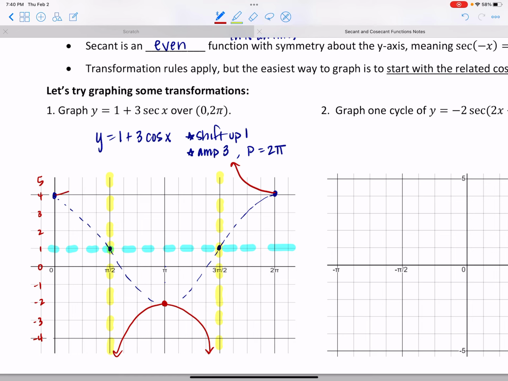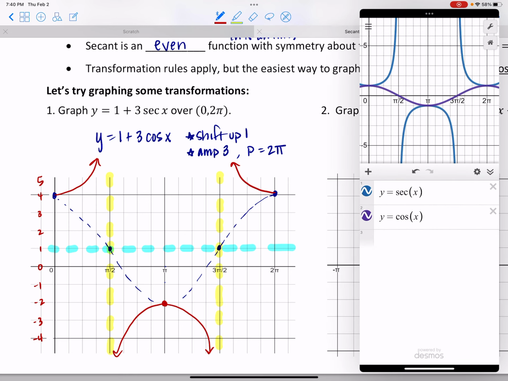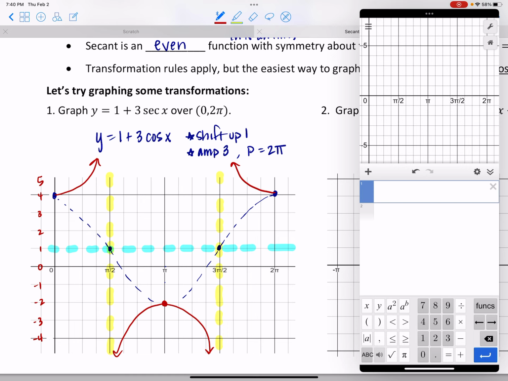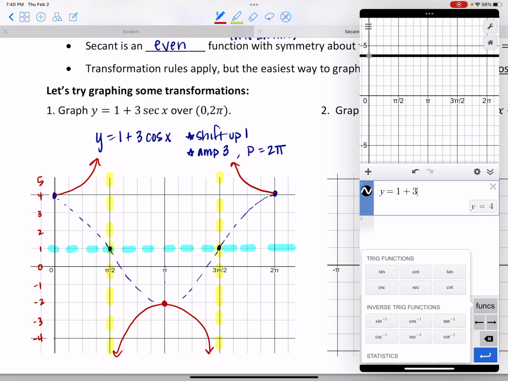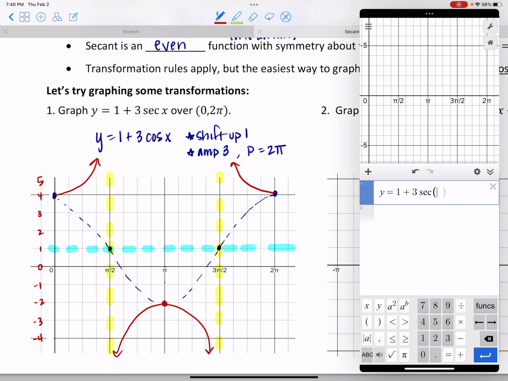And then this one's going to go like this. And we did it. Okay, and let's go ahead and confirm with the calculator that our picture looks good. And so let's put in y equals 1 plus 3 times the secant of x. And yeah, looks good.